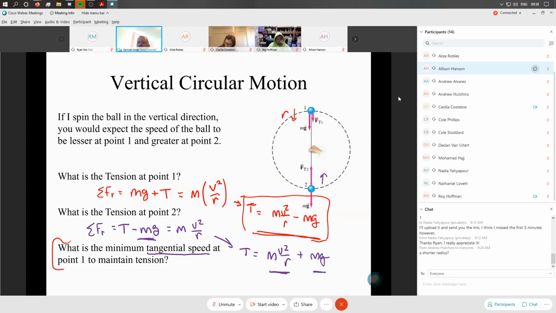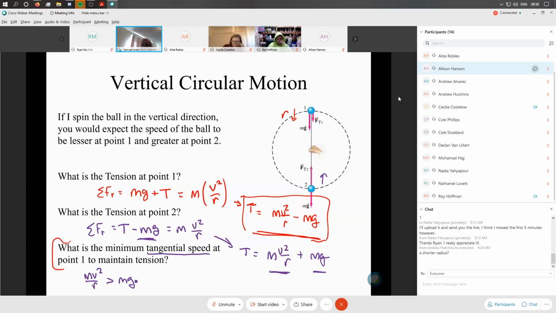So in order for tension not to be negative, this term here on the left, mv squared over r minus mg, has to be greater than or equal to 0. Which is the same as saying that mv squared over r must be greater than mg.